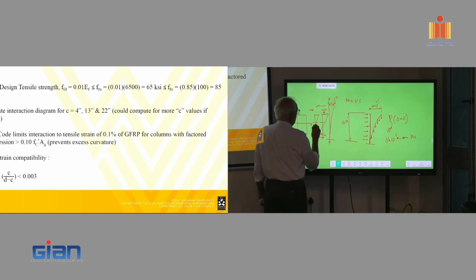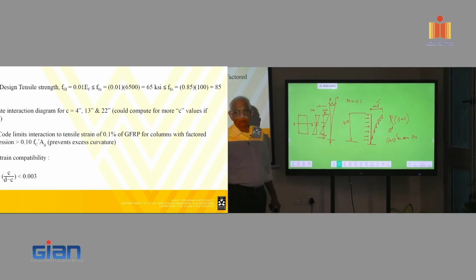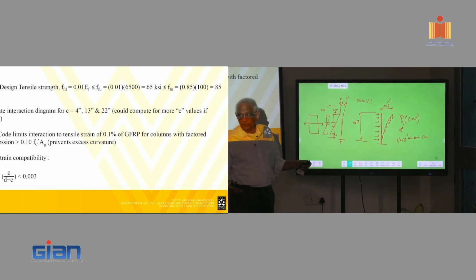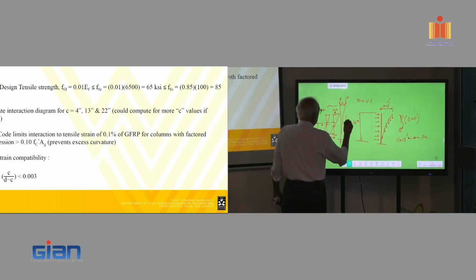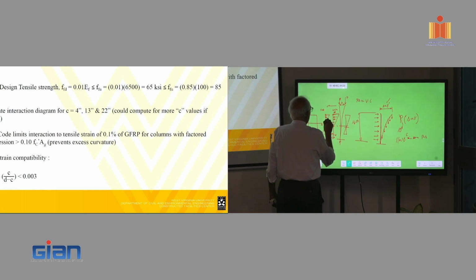So it went, my C value increased, whatever that. Now if I go to 22 inches, it went up, right? So the C value increased. That's what we are talking. Like that. Okay.